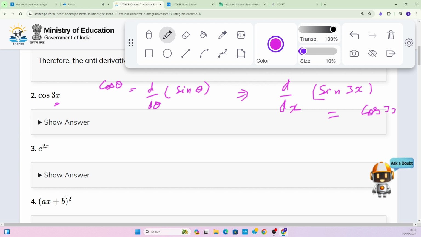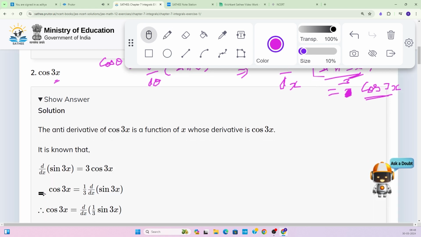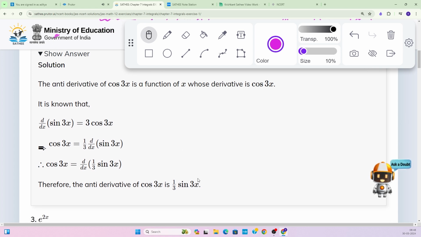Now what about the differentiation of the inside thing? This will be 3. So you will get d/dx of sine 3x equals 3 cos 3x, but I want just this cos 3x. Divide by 3 both sides, and you will get this as your answer. So your answer will be 1 by 3 sine 3x. As you can see, 1 by 3 sine 3x.